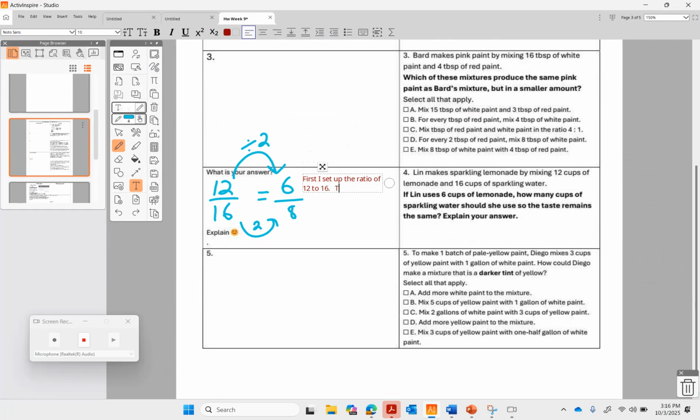Then, since it says 6 cups of lemonade, and lemonade was on the top in the first ratio, I set up the second ratio with 6 on the top because they're both lemonade.